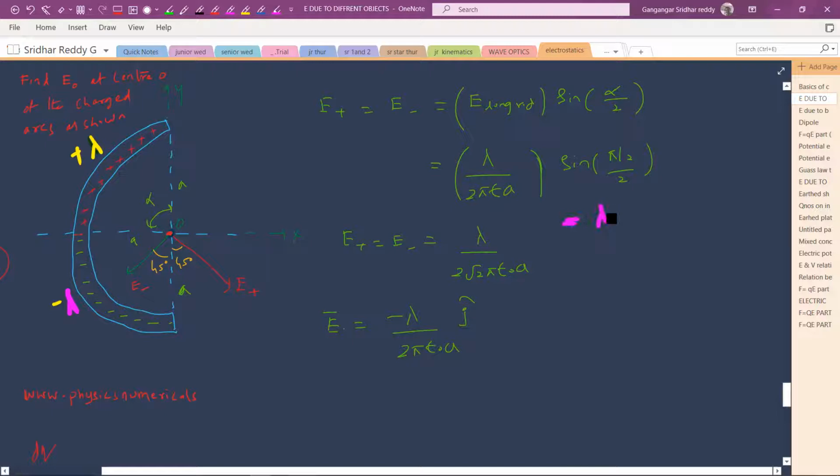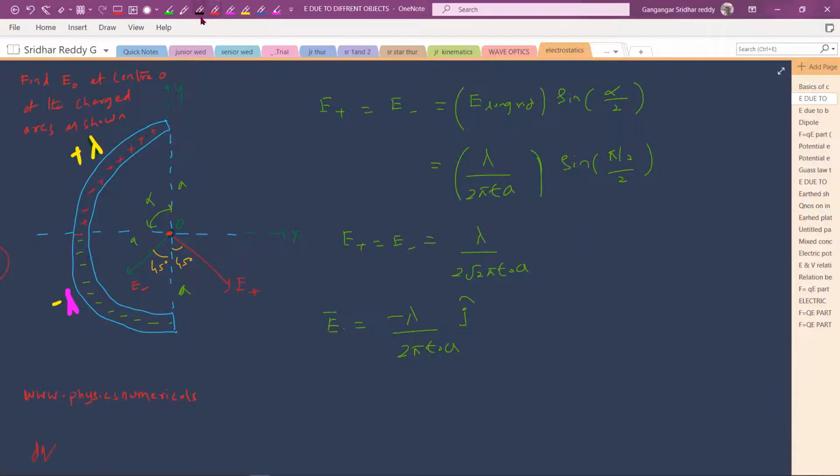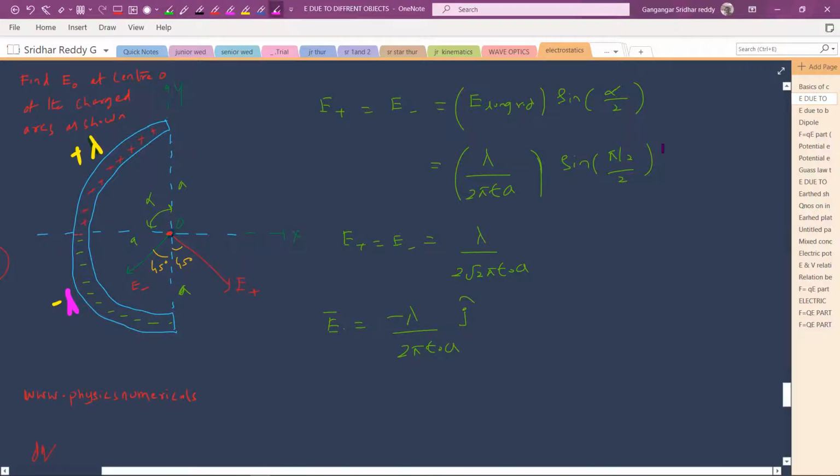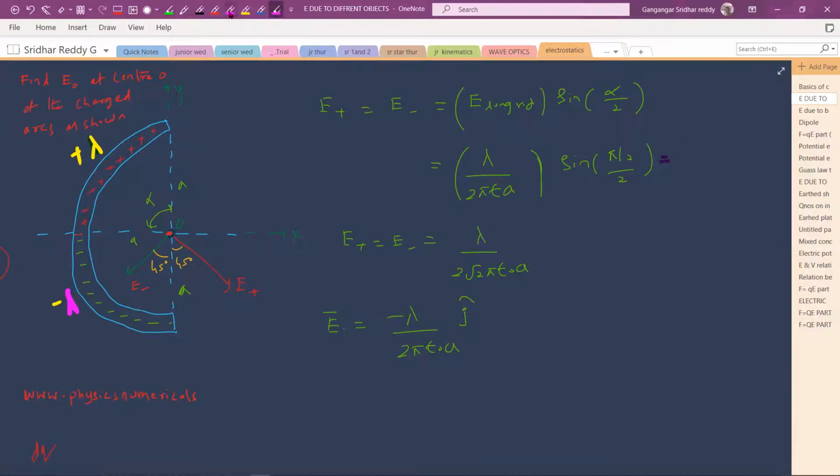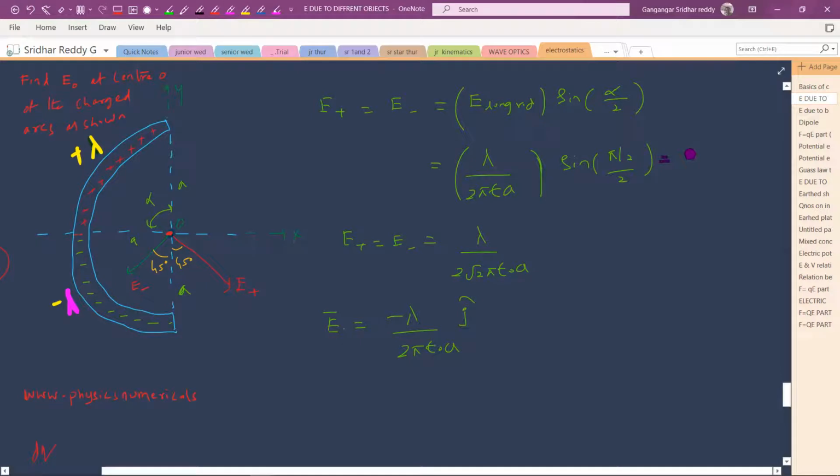So it is lambda by 2 root 2 pi epsilon naught A. This is the magnitude of electric field due to the individual arc, due to the positive arc and due to the negative arc.